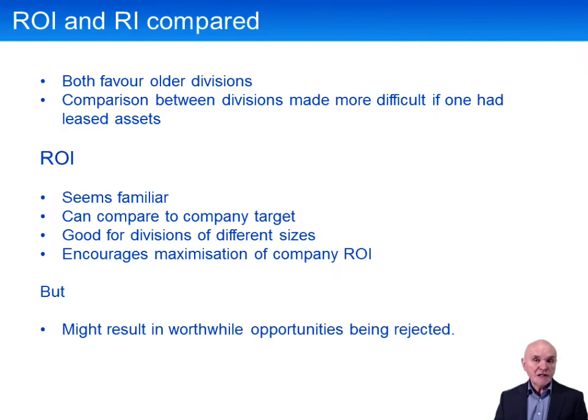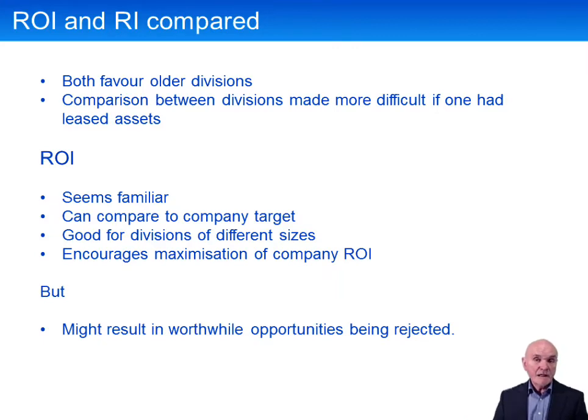The older machinery will have been bought at lower costs, assuming there's some sort of inflation. So as the division ages and its machinery depreciates, the capital base gets lower and lower, so the return on investment will increase. Return on investment is income divided by the capital. If capital decreases, return on investment increases.